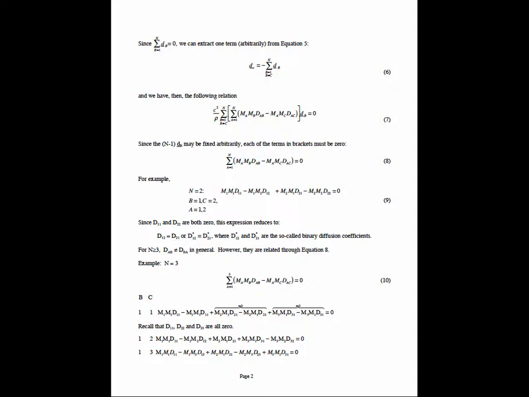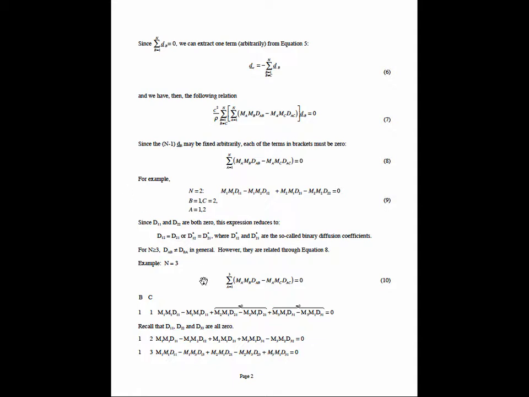In other words, in a binary diffusion, say of one gas through another or gas through a liquid, the diffusion coefficient of component 1 through 2 and 2 through 1 are identical to each other, and they have to be in order for the sum of those diffusive fluxes, the sum of the J sub A's, to be equal to 0. So in binary diffusion, there's only one diffusion coefficient that's important, and that's what you would know from basic transport phenomena.